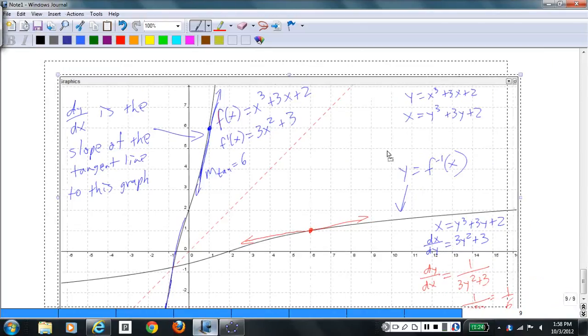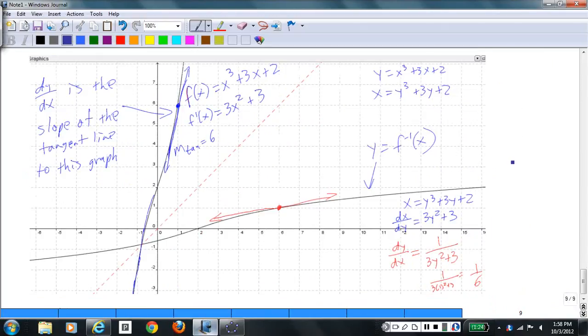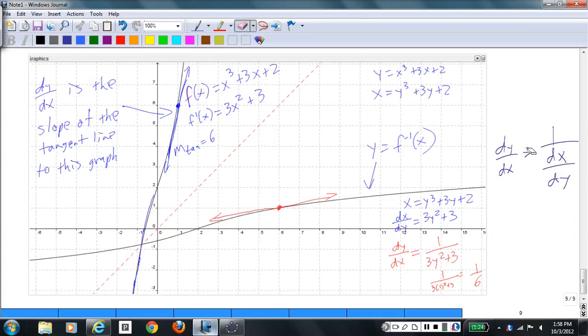So I want to take that and the fact that dy/dx equals 1 over dx/dy, and see if I can find a derivative of an inverse trig function.